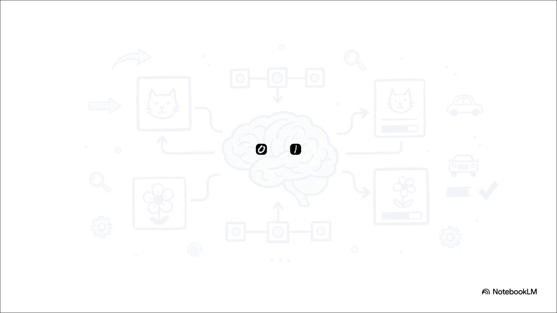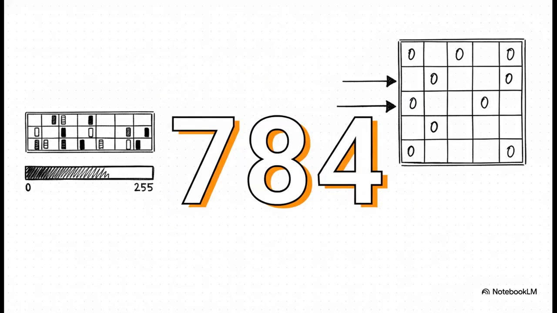It's essentially this massive collection of handwritten digits that data scientists use to train image processing systems. Now, to you and me, we look at it and clearly see a 0 or a 1. But to a computer, those digits are just raw visual data. They're literally just grids of pixels. Let's break that down. A single handwritten digit from that dataset is quantified as a 28 by 28 pixel grayscale square.